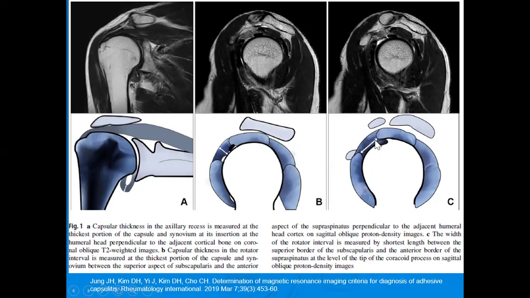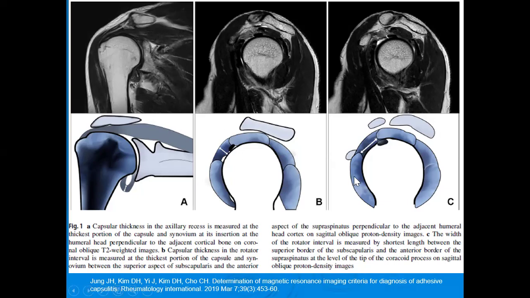Similarly, here we can also assess the width of this interval. This is the superior end of the subscapularis, while these are the inferior fibers of the supraspinatus.